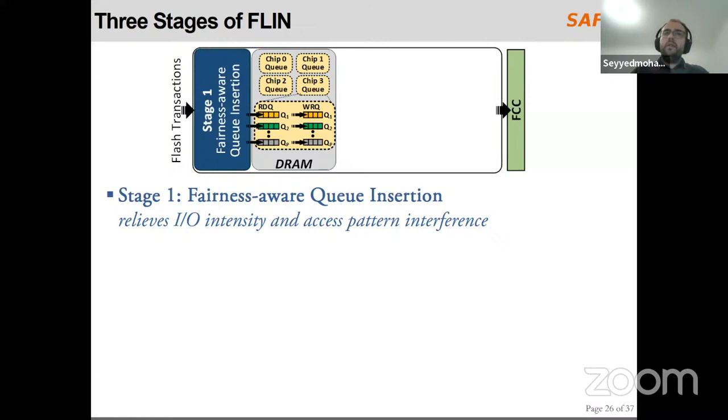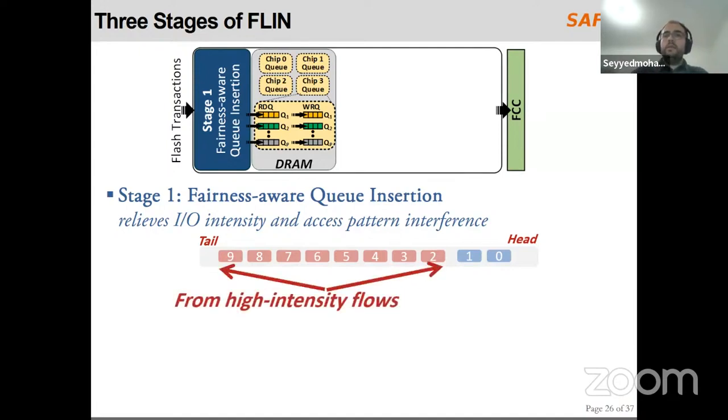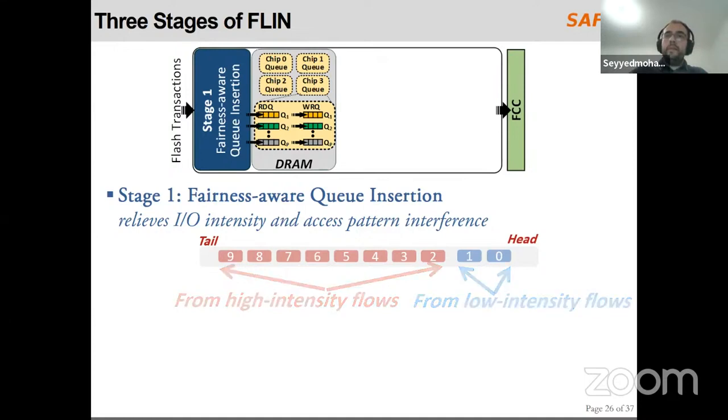Basically, the goal of stage 1 is to handle different IO intensities and access pattern interference. So in stage 1, we do fairness-aware queue insertion. Consider that we have a queue of requests. The head of the queue we reserve for requests with low intensity, and the tail of this queue is reserved for high intensity flows, as you can see here.